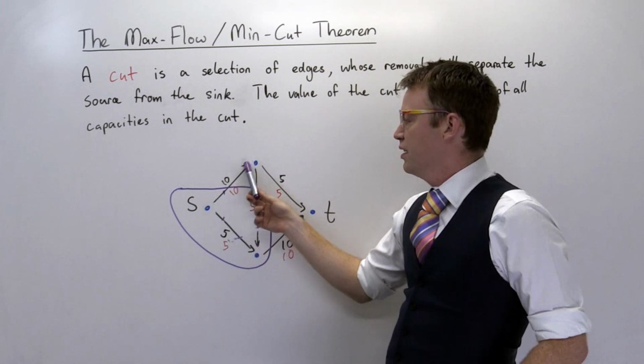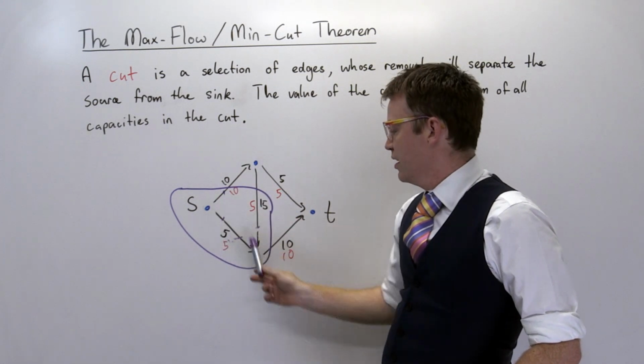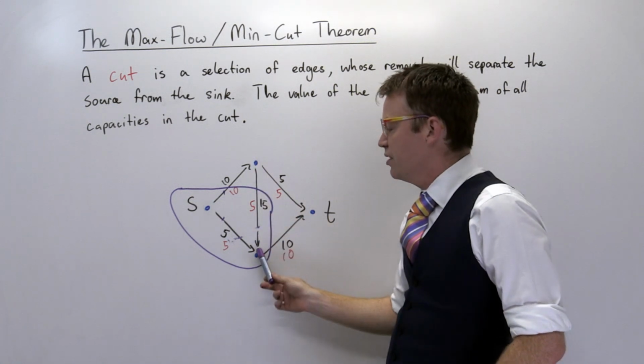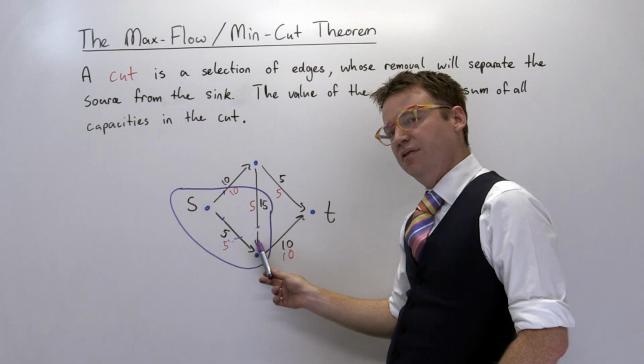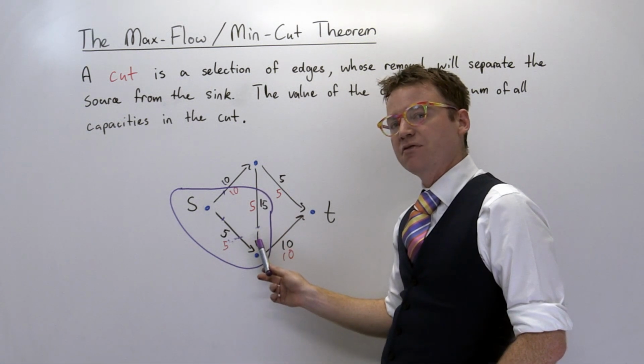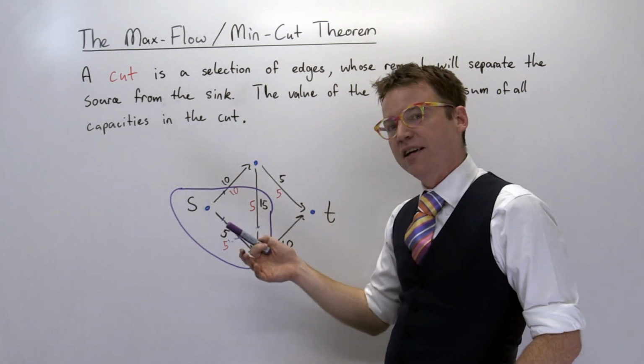The edge here with capacity 10 is included. The edge here with capacity 10 is included, but this edge is not included. You see, removing this edge does not separate the source from the sink. It's flowing the wrong way.